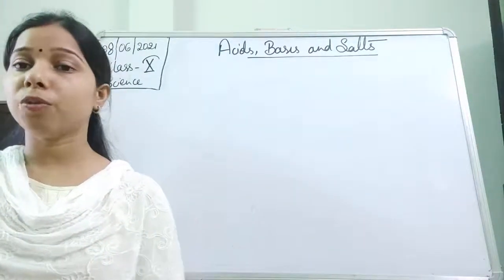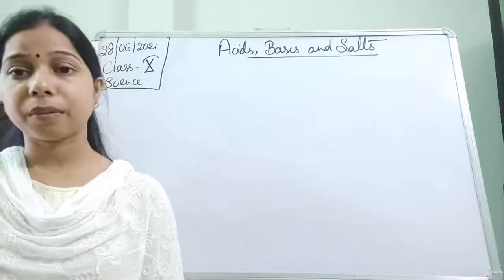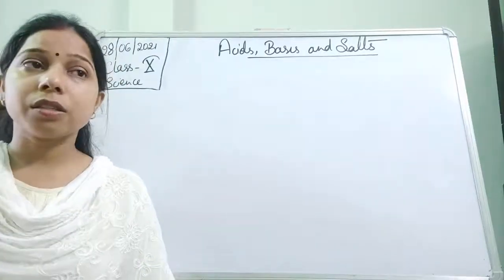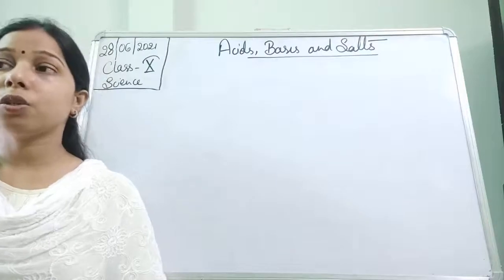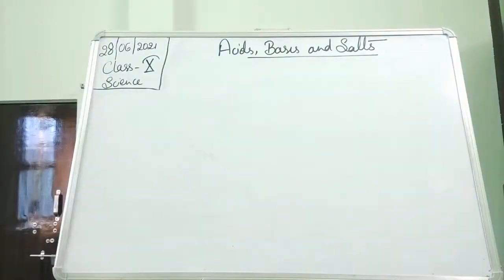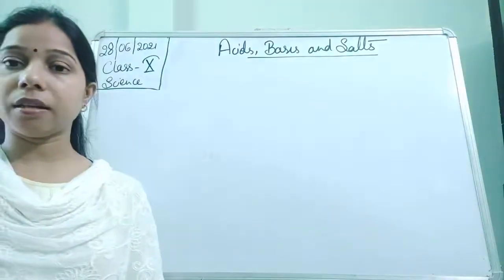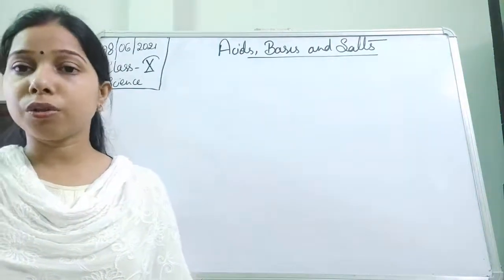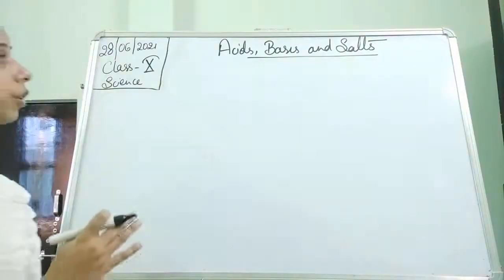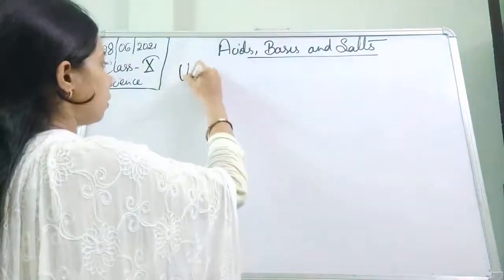Next, it is used in dye stuff, in textile, and even in the leather industry. They are used in all these things. Let us see what are the other uses of hydrochloric acid.